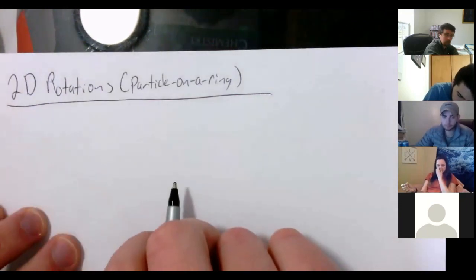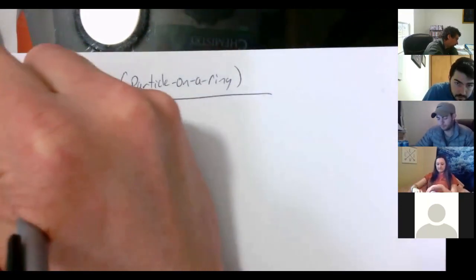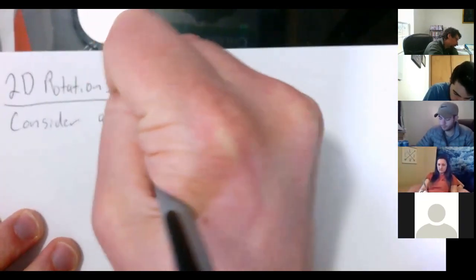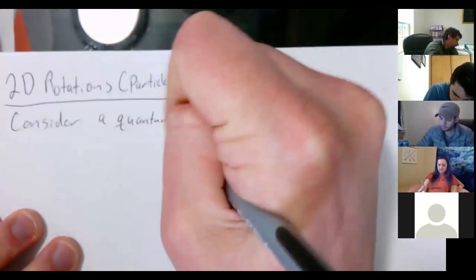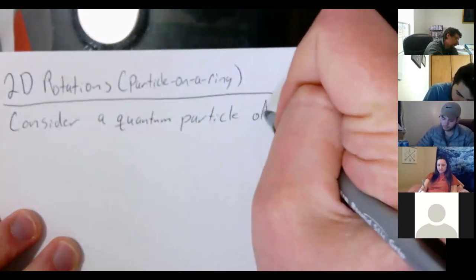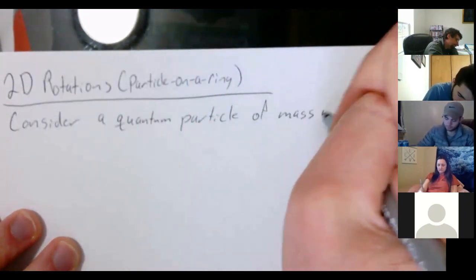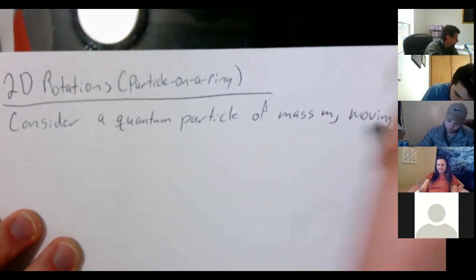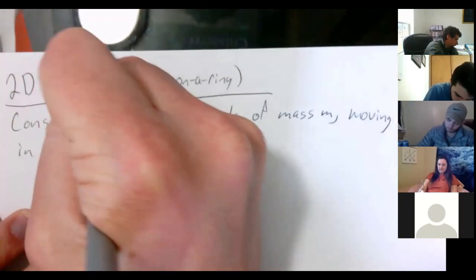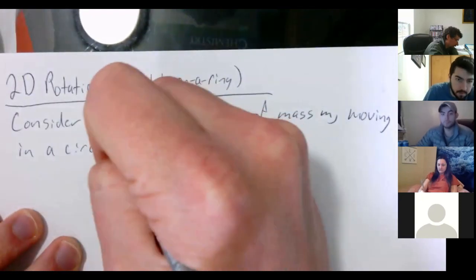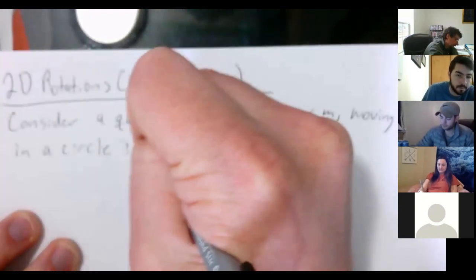What we're going to do is consider a quantum particle of mass m moving in a circle and having a fixed radius.